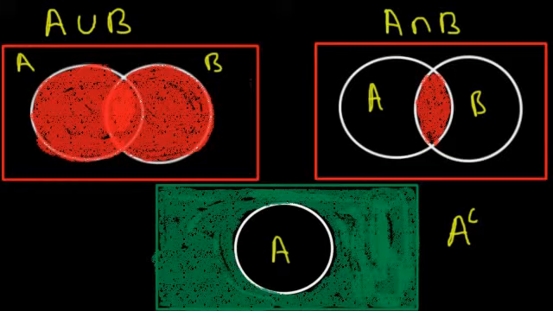So now let's go ahead and work some practice problems by shading them ourselves. Now we have two different Venn diagrams. As you can see, these are two-set problems. What operation exactly do we want to shade?